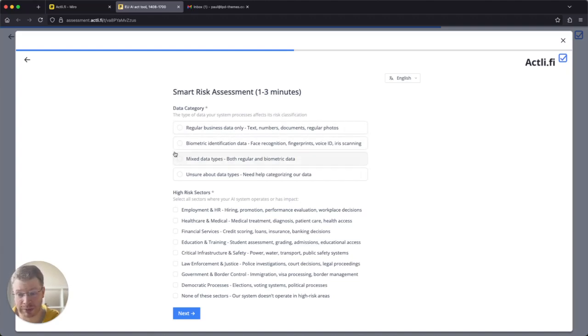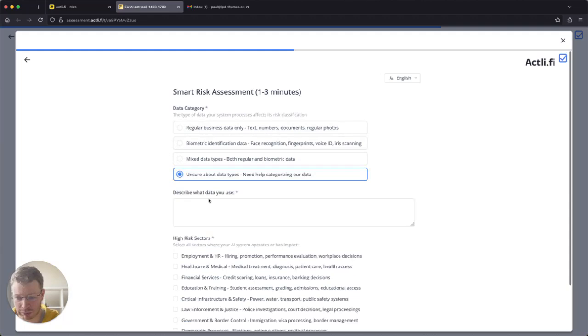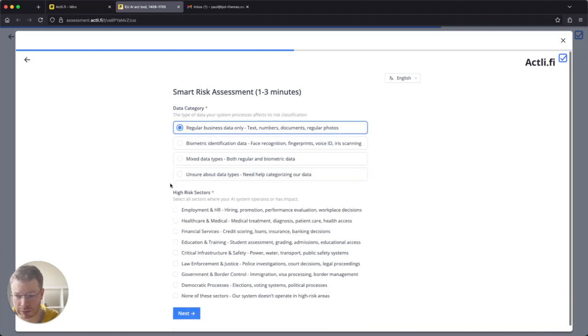If your system has mixed data types, regular and biometrics, select this one. If you're unsure, just provide as much information as possible about what type of data you use for your system. I will select just regular now.